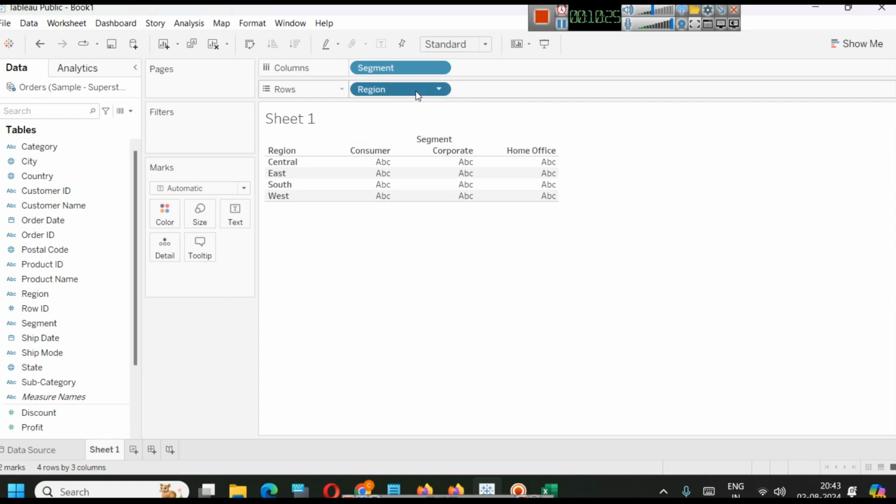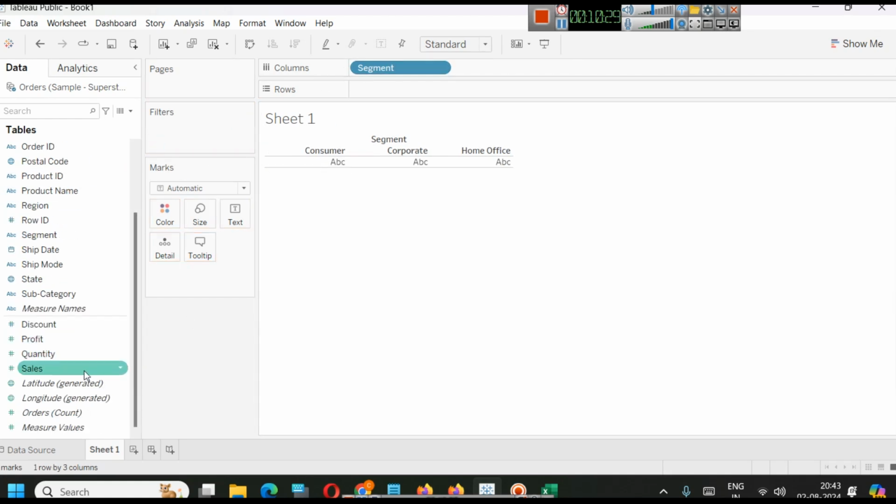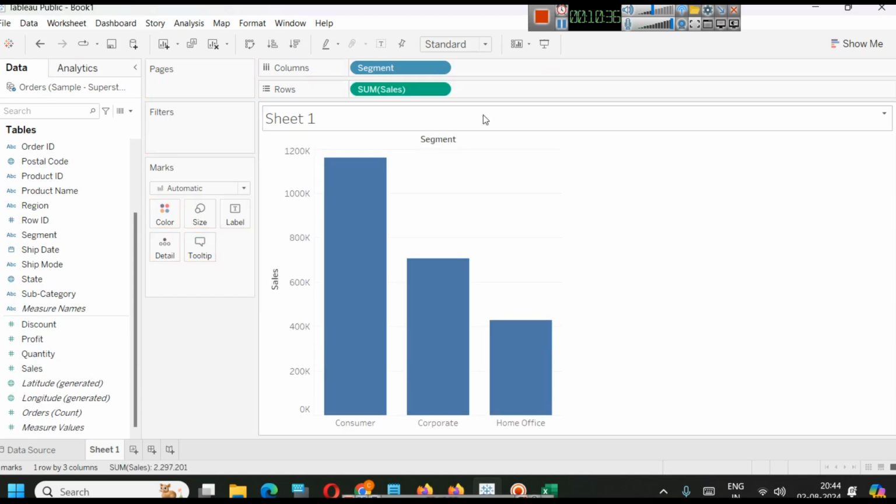But if you take one nominal variable and one measure from here, sales, then you will get a bar graph, because it will be segment-wise sales, right?